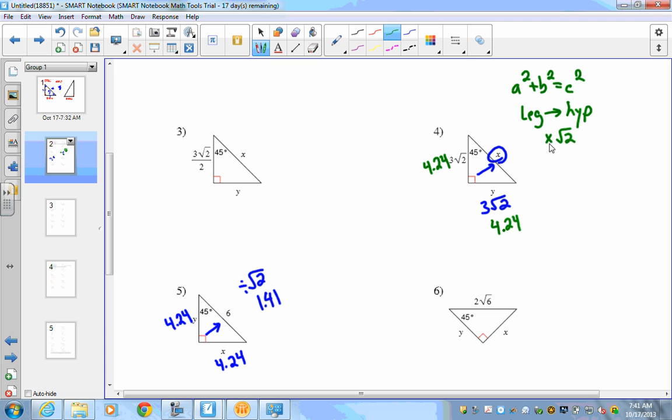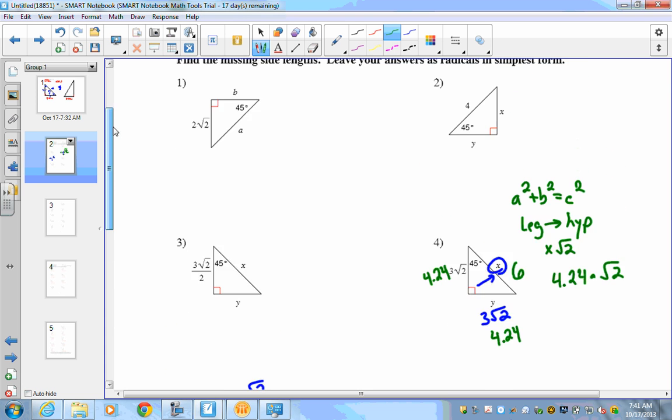And that is multiply, not x. So I would take 4.24 and multiply it by radical 2 to get my answer. When I do that, I get an answer of 6. Depending on how you round it, it might be roughly 5 point something or 6 point something, but the answer is 6.